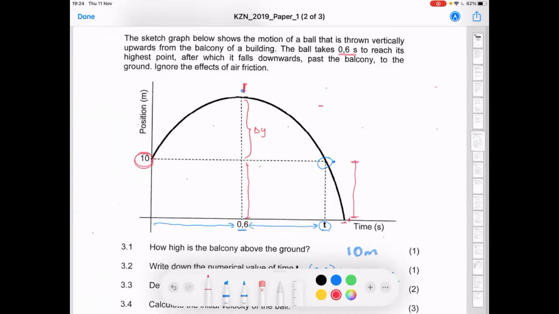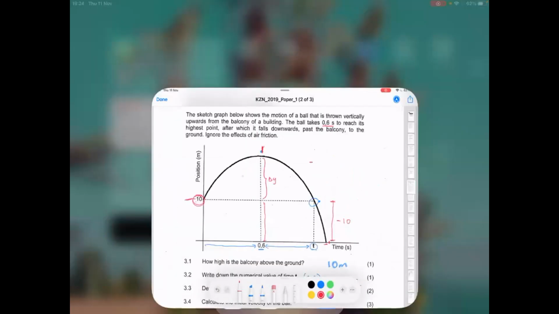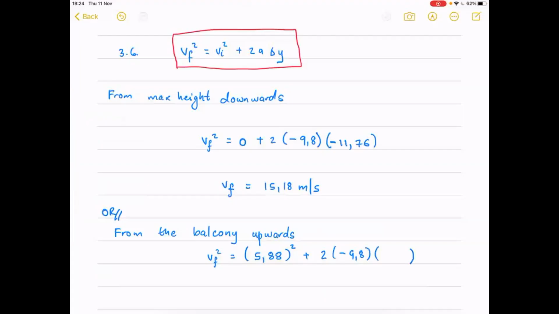Can you see that it's only that distance there? And it's downwards there, so it's going to be minus 10 because I'm starting from here. See? So in here, I have to put minus 10. The negative sign because it's below where I started from.